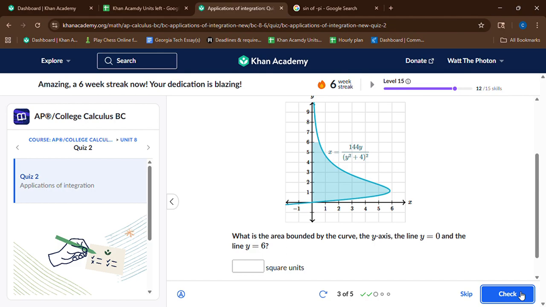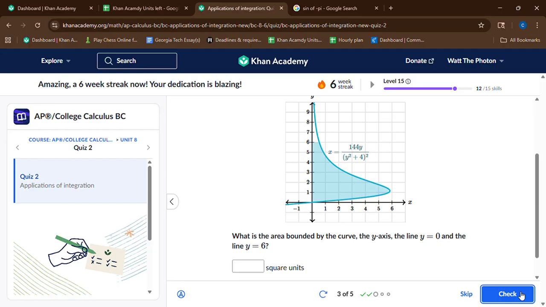Okay. We can cross out the y. 144 divided by 2 is 72. So we get 72, and then we'll integrate from 6 to 0 of 1 over u squared, so we get u to the power negative 2.